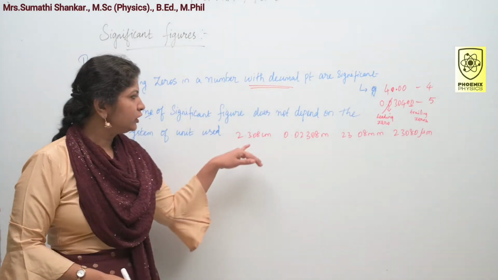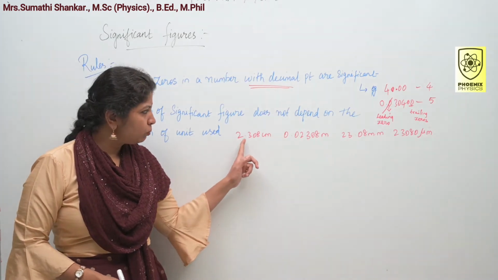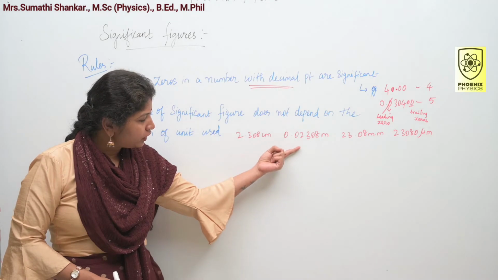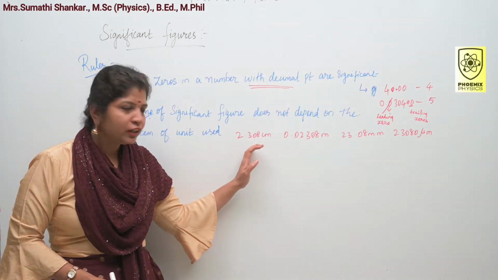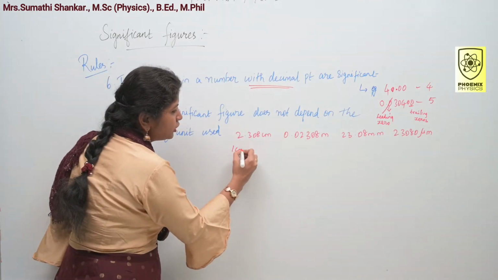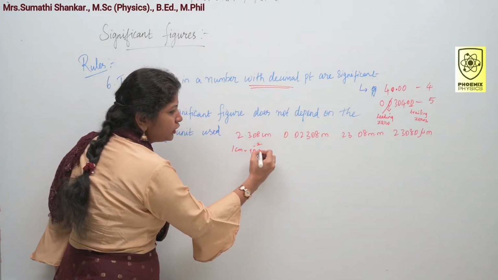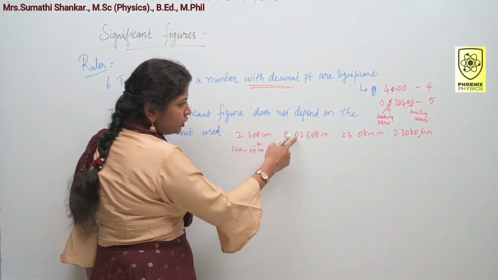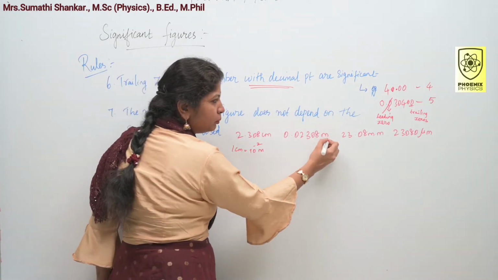used. Look at the first example, 2.308 centimeter. In the second example, I am just converting this centimeter into meter. You know that 1 centimeter equals 10 to the power of minus 2 meter. So this is 0.02308 meter.